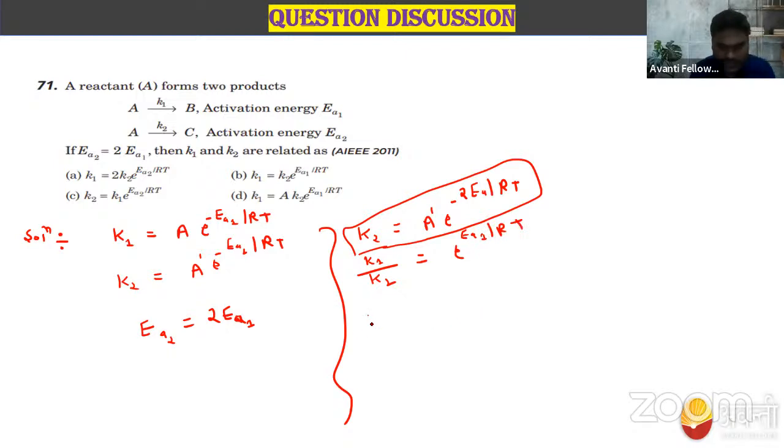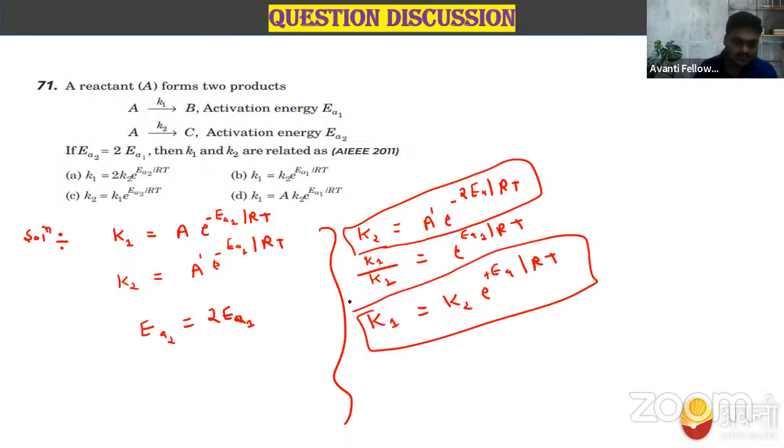So on solving, you'll get K1 is equal to K2 e to the power EA1, ठीक है, पॉजिटिव हो जाएगा, and divided by RT. So this is what you get. ठीक है? So this is the correct explanation. That is K1 is equal to K2 e to the power EA1 by RT. So that is B option.